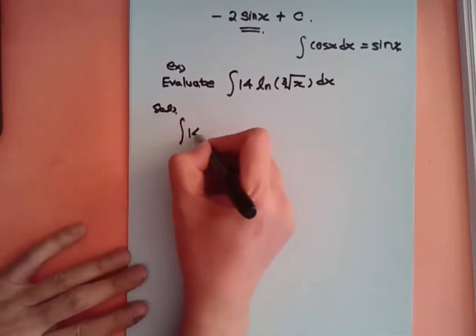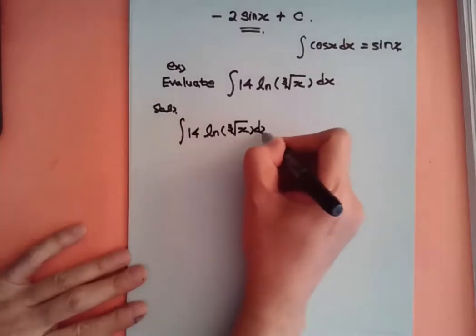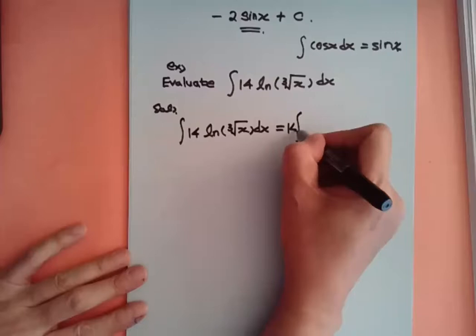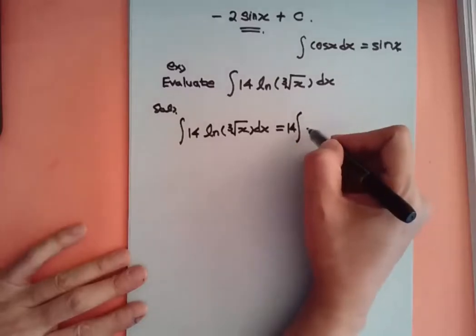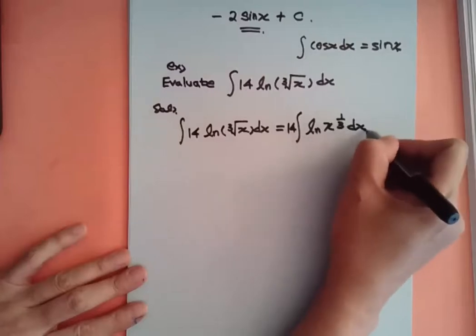The integration 14 natural log of cubed root of x dx can be written as 14 times, what is that? Natural log of x to the 1/3 power dx.